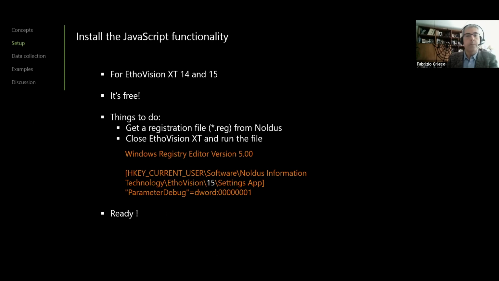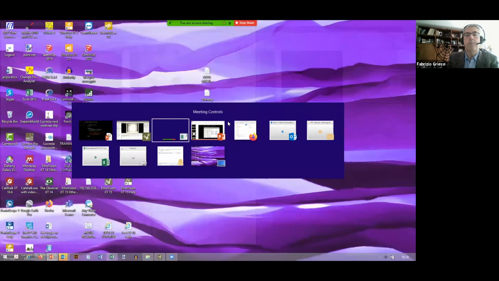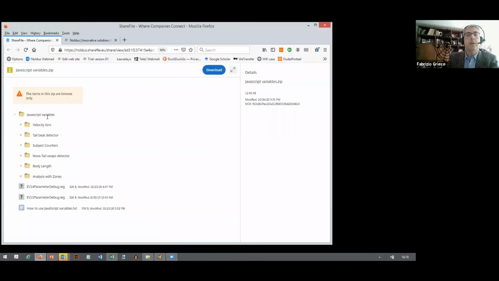It's a zip file, and it contains a few folders with some examples. And then it contains these two reg files. Simply use the one that applies to your EthoVision version, either 14 or 15. Then reopen EthoVision XT, and then it's done. So it's ready to receive the code that you type in.